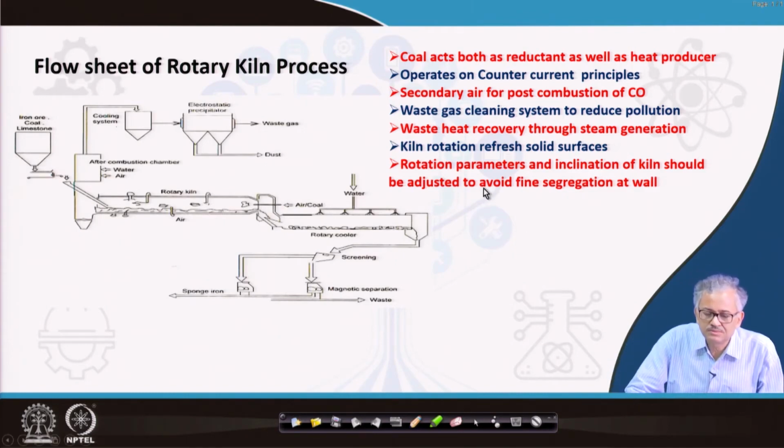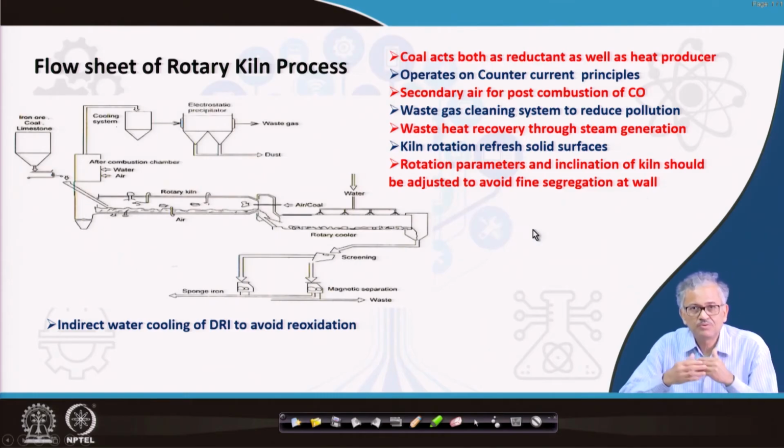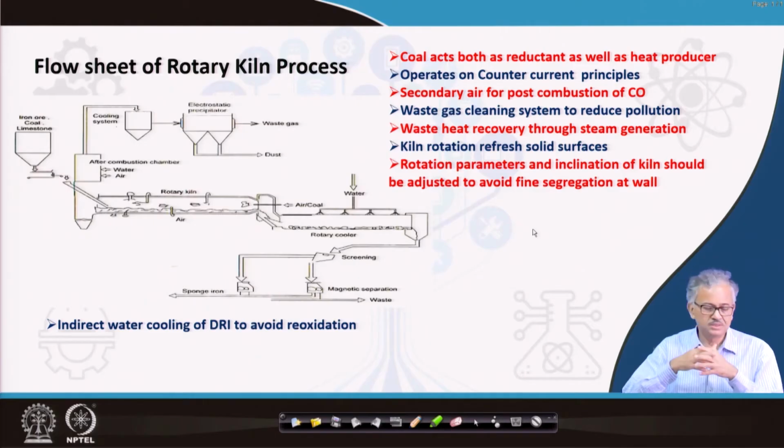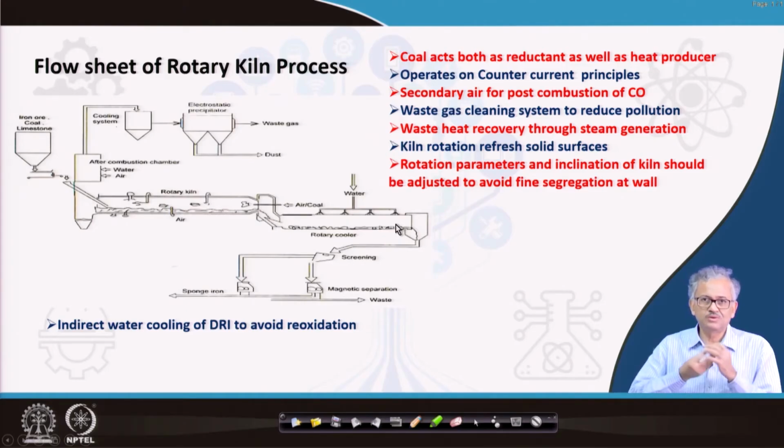So they can form agglomerates on the wall, and then when the agglomerates grow and grow, they form a big agglomerate, and then they basically restrict the movement of the solid burden through the rotary kiln. That is called the accretion formation. So this is very important. So rotation parameter and inclination of the kiln should be adjusted to avoid the fine segregation at the wall, basically to avoid the accretion formation. If the fines segregate at the walls and their fusion temperature exceeds, then they can melt and generate agglomerates and then develop into accretion.